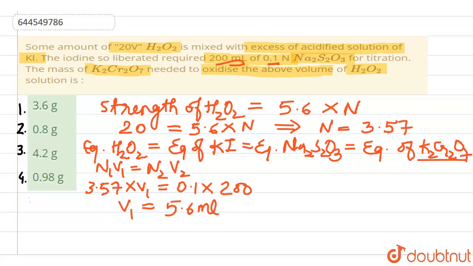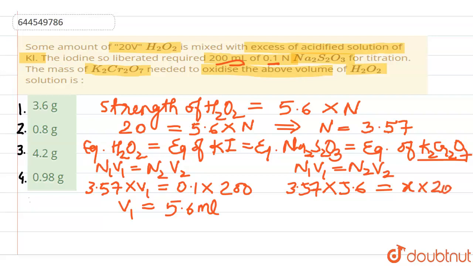Now we are going to calculate the same thing for K2Cr2O7 also. N1V1 will be equal to N2V2. N1 will be again 3.57. V1 we calculated is 5.6. N2 is what we have to find out, the equivalent mass, so we will take it as X, and V2 will be 20, which is given in the question.